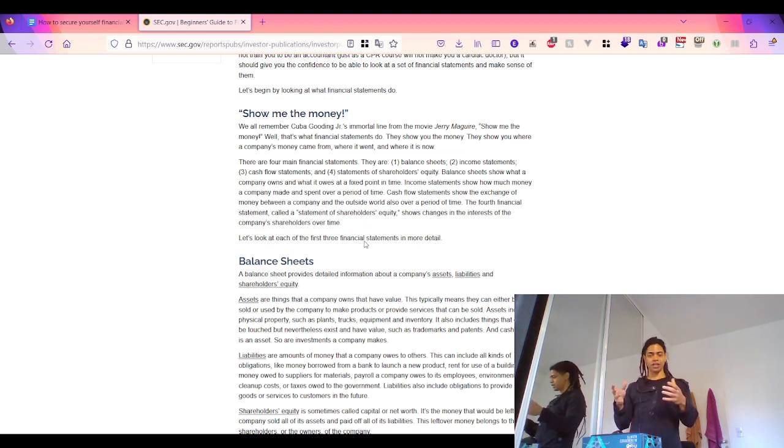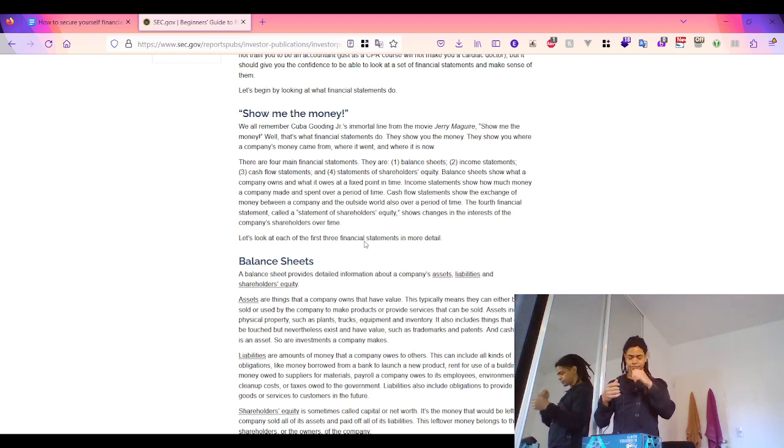The income statement, you can think of that as a set of stairs where you start at the top, and every time you go down a stair, you make a deduction associated with that earning. At the bottom of the stairs, you know how much money a company made or not.